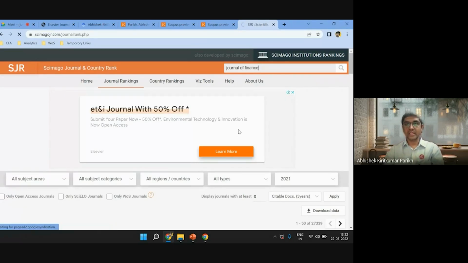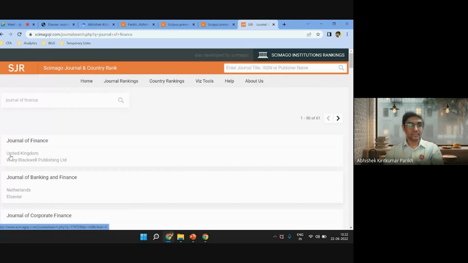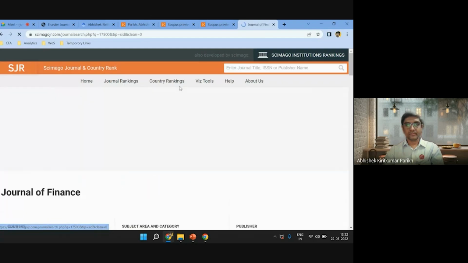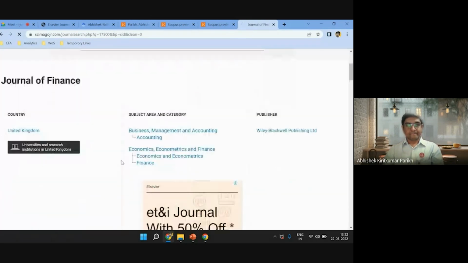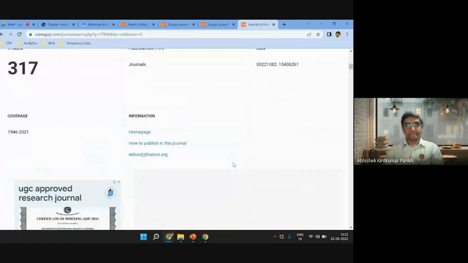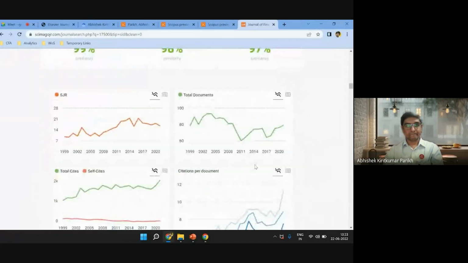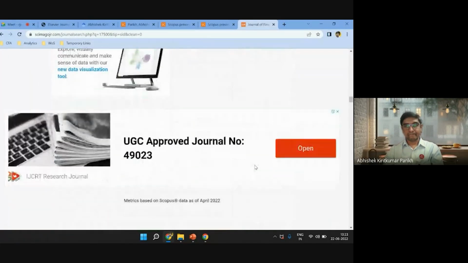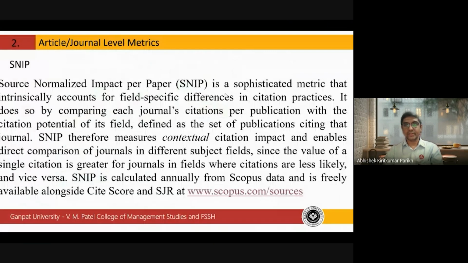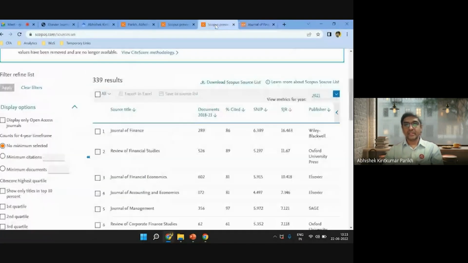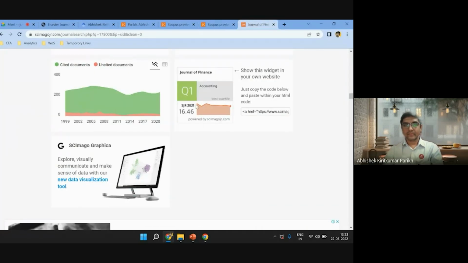It is giving the highest SJR, SNIP score. 16.46, and that is available here. Can you see 16.46? Right? Is it clear to all?